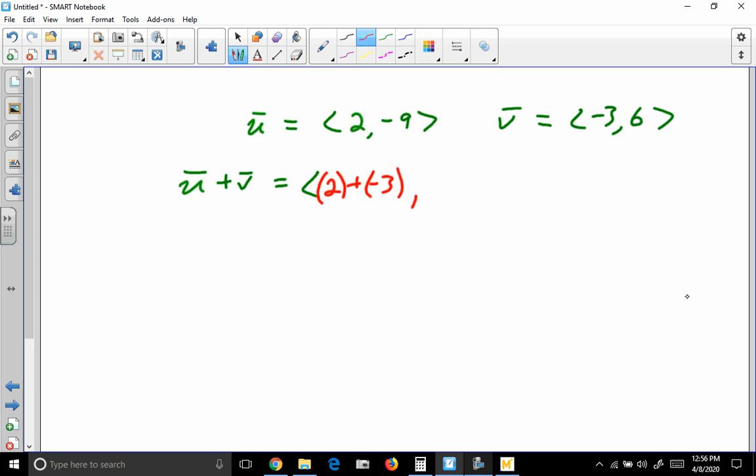That'll give us the result in the x direction. Then we add the y components. -9 plus 6. So that resultant will be -1, 3. Oops, -3.